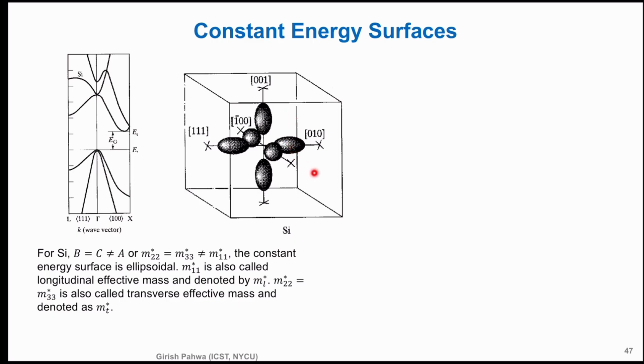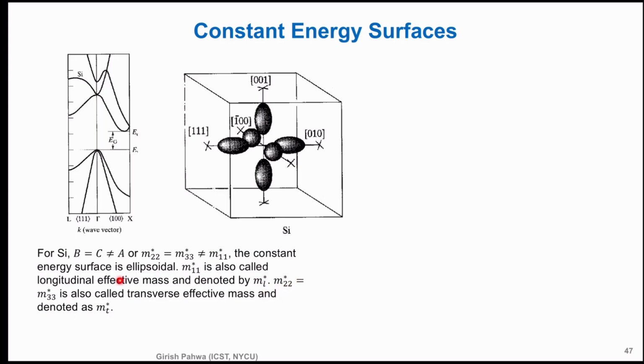So you have 3 directions, K1, K2, K3. Okay, so M11 which is along the longitudinal direction, that's called longitudinal effective mass. Along this direction or this direction, all of these are longitudinal masses. And let me denote that by ml. So m11 becomes ml star, because it's along the longitudinal.